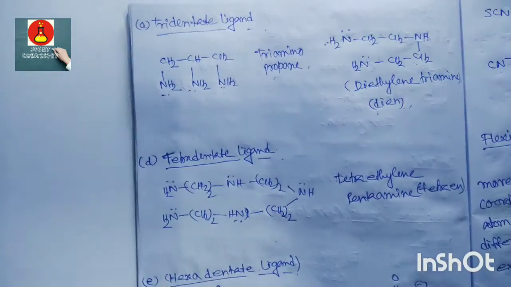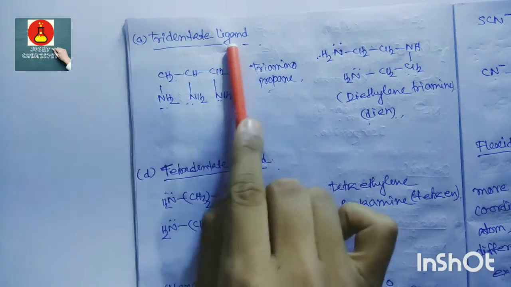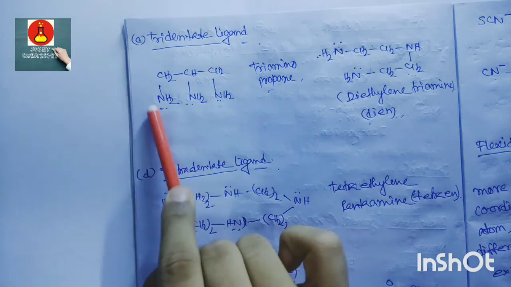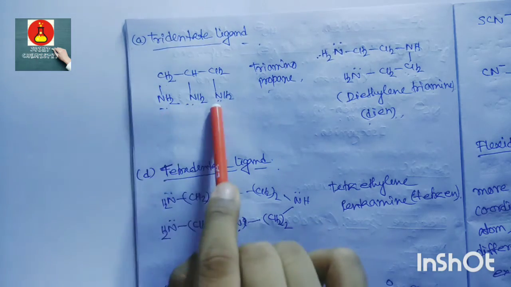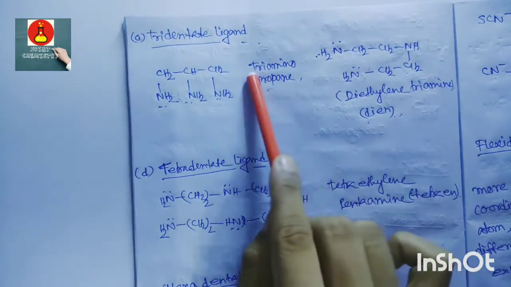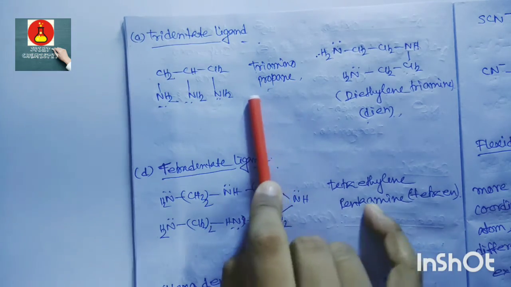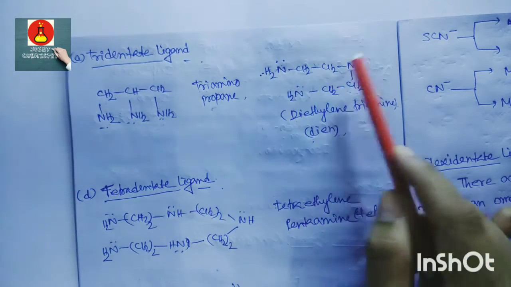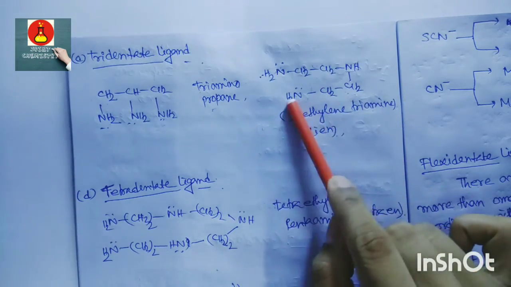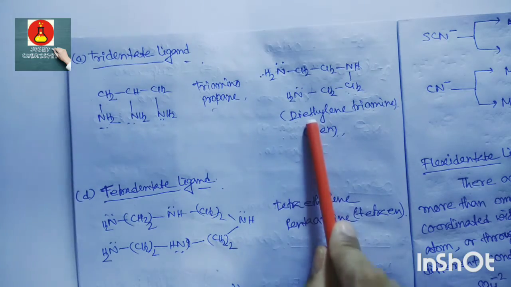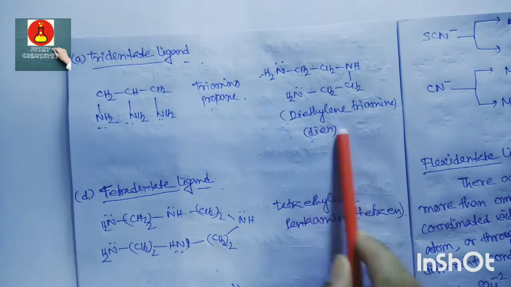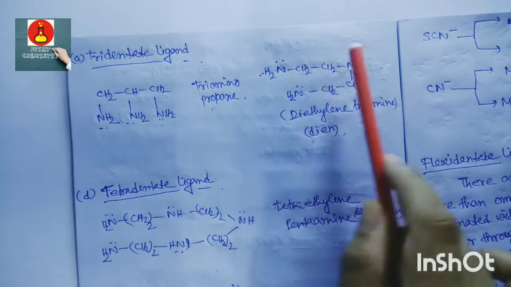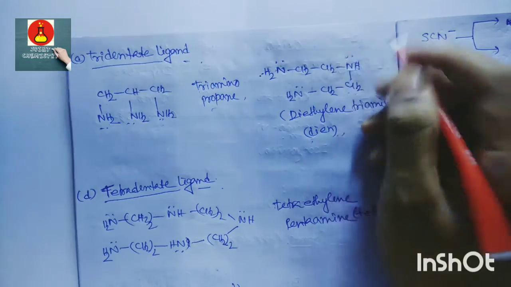Now here are some examples of tridentate ligands. This is CH2CH2 with three NH2 groups. The compound is triaminopropane, and this is NH2CH2CH2NHCH2CH2NH2. This is known as diethylene triamine, which also contains 1, 2, 3 donor sites, and all are neutral.